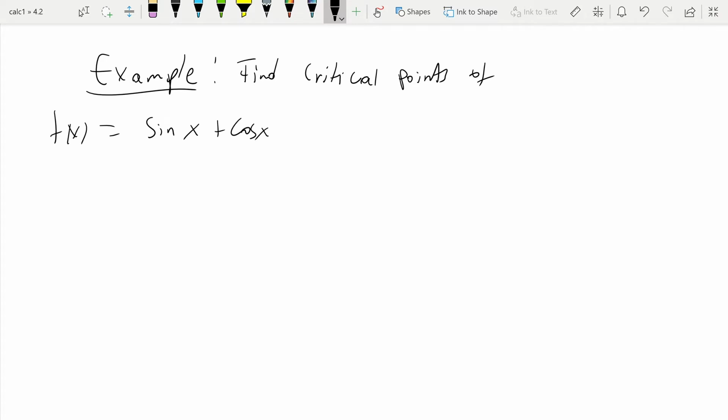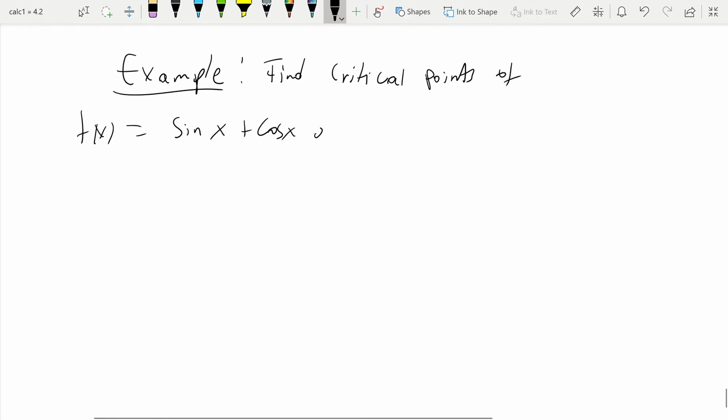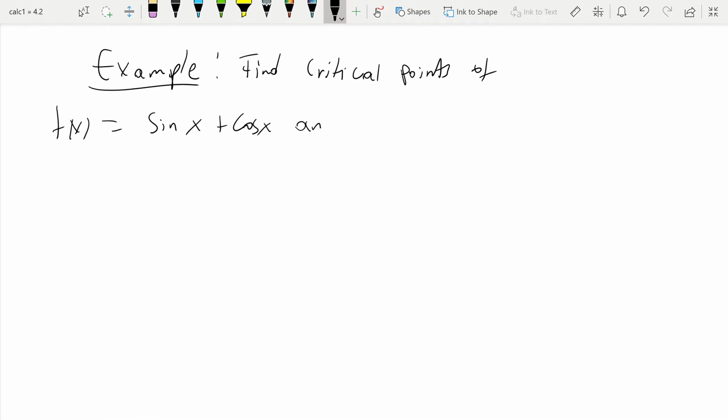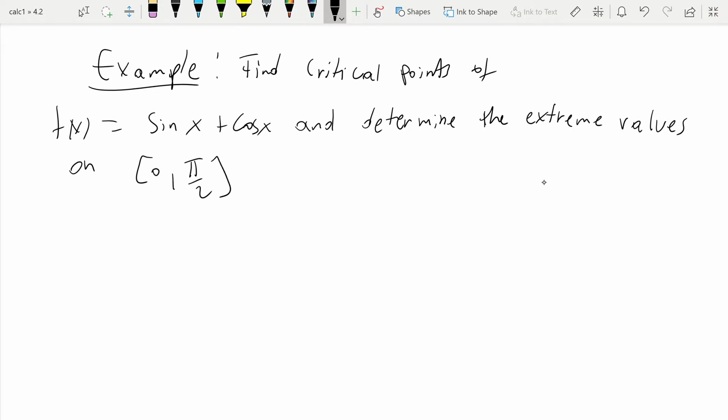Here just critical points in general, so it doesn't matter where, just in all of R. But now we're also asked to determine, from this, the extreme values on the interval [0, pi over 2].